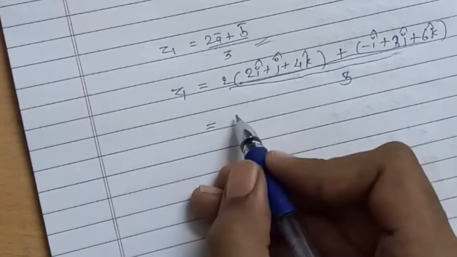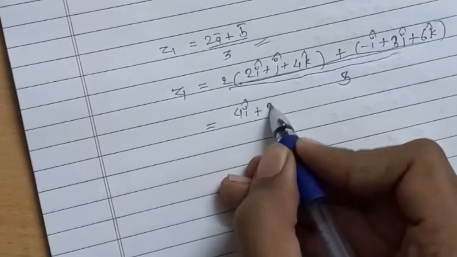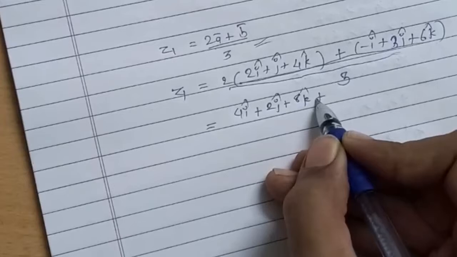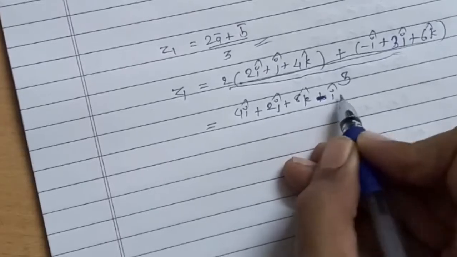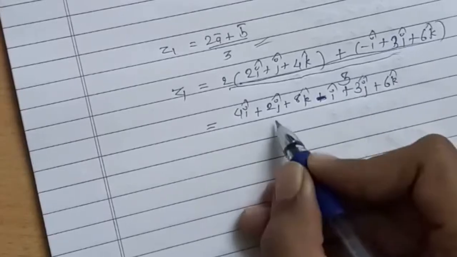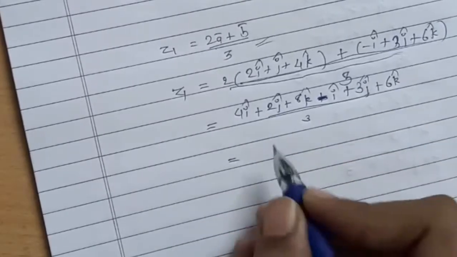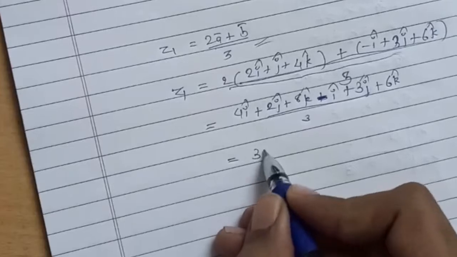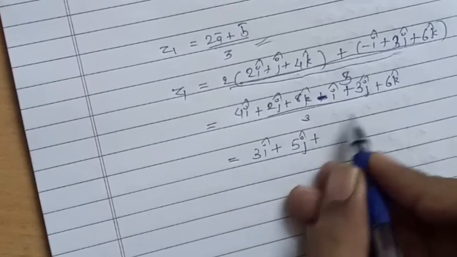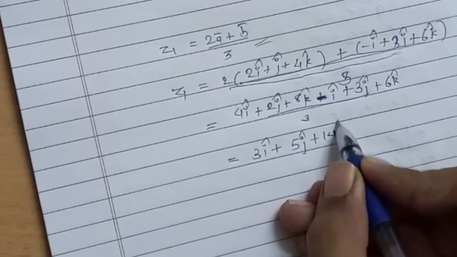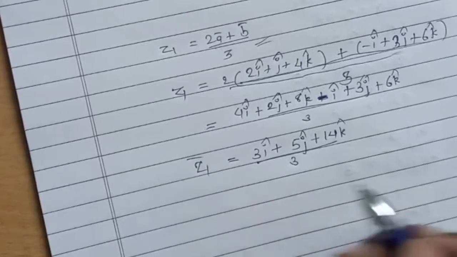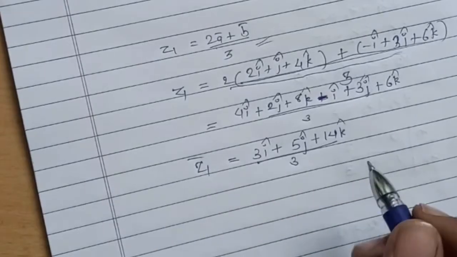That is equal to [2(2i + j + 4k) + (-i + 3j + 6k)]/3, that is 4i + 2j + 8k minus i plus 3j plus 6k, divided by 3. So we get 4 minus 1, that is 3i, plus 2 and 3, that is 5j, and 8 and 6, that is 14k, divided by 3. Okay, that is z1 bar.